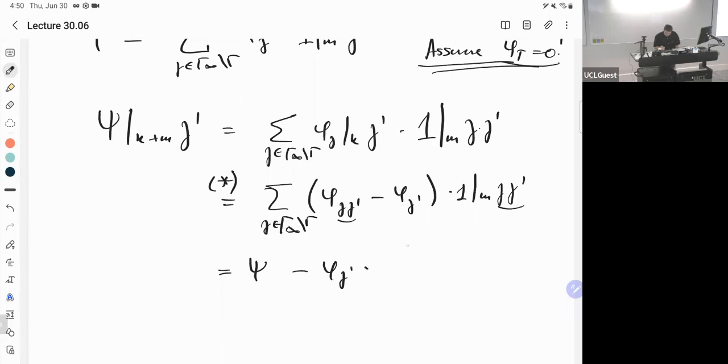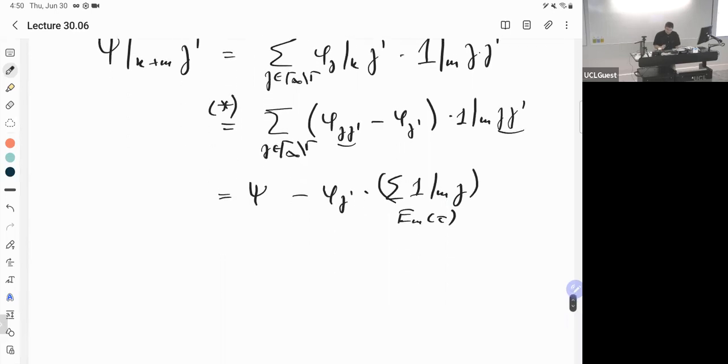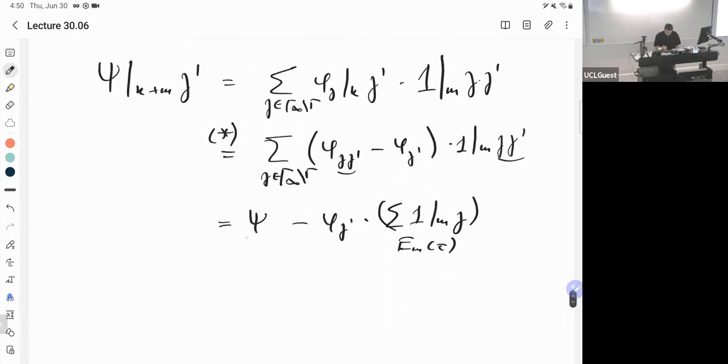And then the rest is the sum of 1 slash m gamma, which we know is an Eisenstein series. So you almost get what you want. If you actually divide psi by m, this will be a modular cocycle, a modular integral for phi gamma.